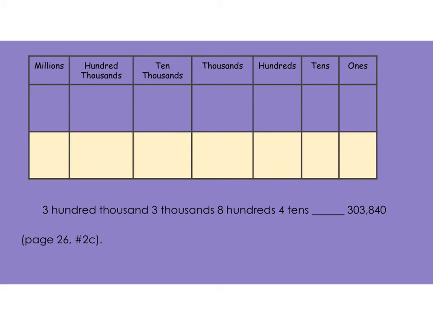And then the second number is 303,840. That would be called, right, standard form. So we're going to put the first number that's in unit form in our top place value chart, and we're going to put our second number that's in standard form in our second place value chart, and then we're going to compare the two to see which one has the greater value.